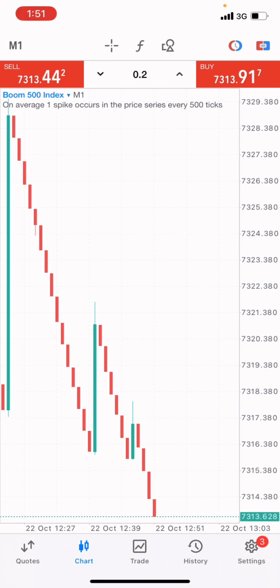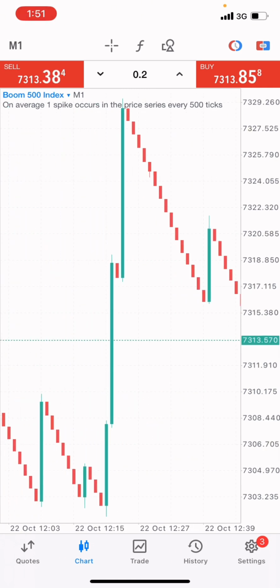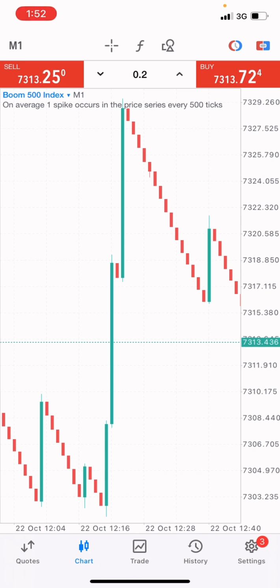One of the best indicators to trade Boom 500 Index market is the Relative Strength Index. When it comes to indicators, this is one of the best because I use it mainly to level my trade, because sometimes you might not be able to know when the market is at the overbought and when the market is at the oversold.